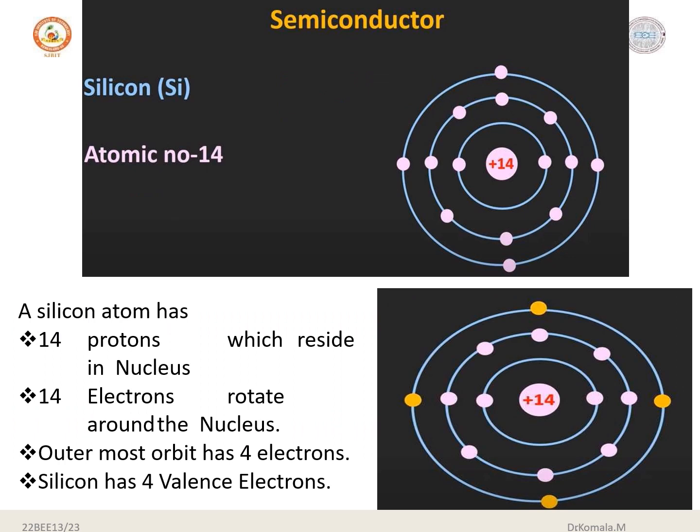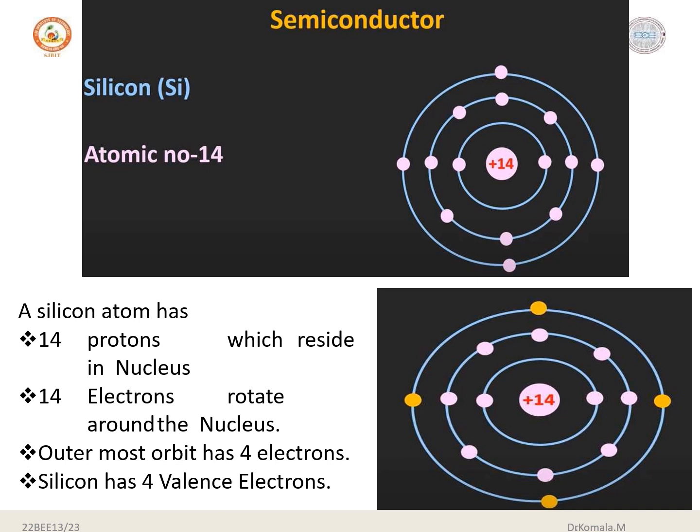So let's understand the silicon atomic structure. Silicon has an atomic number of 14, and the silicon atom consists of 14 protons which reside in the nucleus. It also has 14 electrons which rotate around the nucleus.